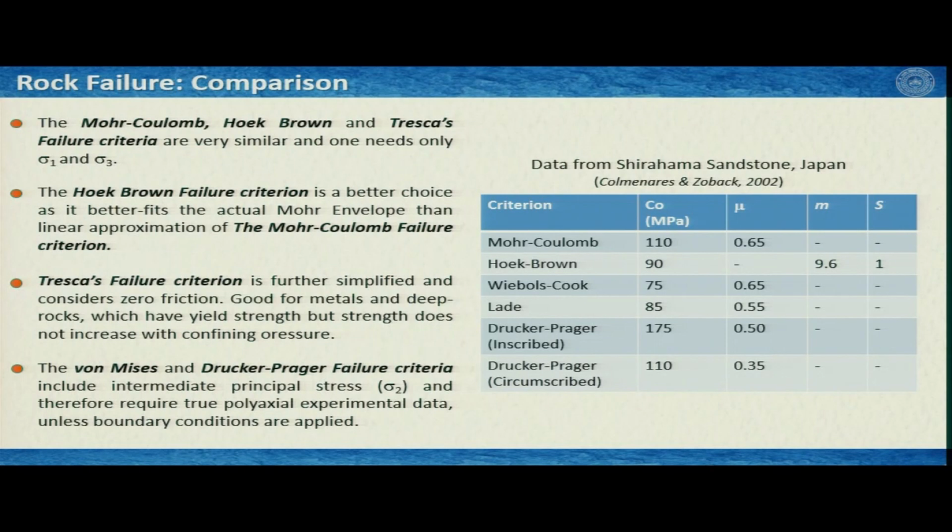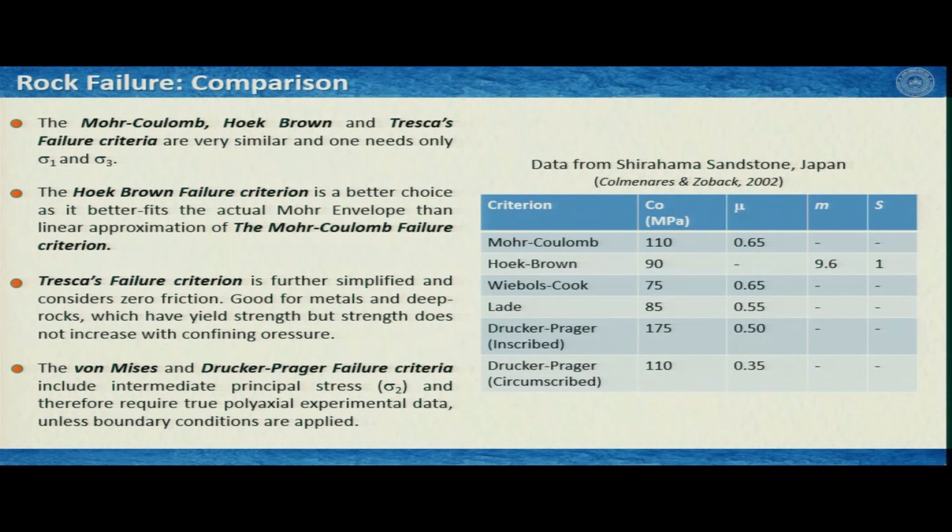So, here are some comparisons of these failure criteria that we have learned: Mohr-Coulomb, Hoek-Brown and Tresca's failure criteria together with the von Mises failure criterion.